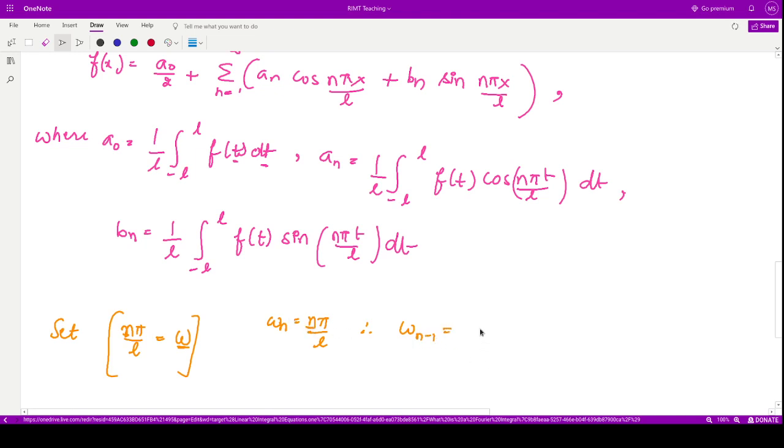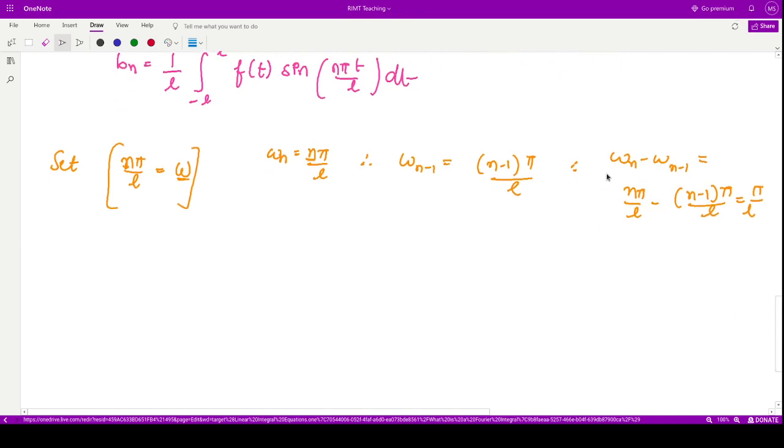In place of n, we would have n minus 1 pi by L. So if I take the difference, omega n minus omega n minus 1, this difference would come out to be n pi by L minus n minus 1 pi by L, which is simply pi by L. This is nothing but the difference between two consecutive terms. So I can write delta omega, the difference between omegas, to be pi divided by L.